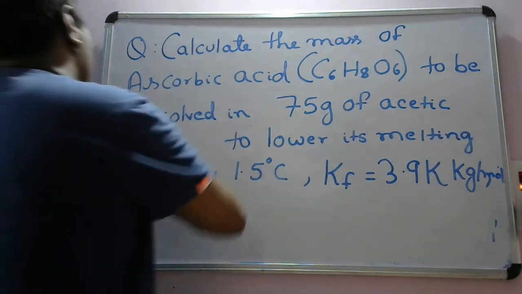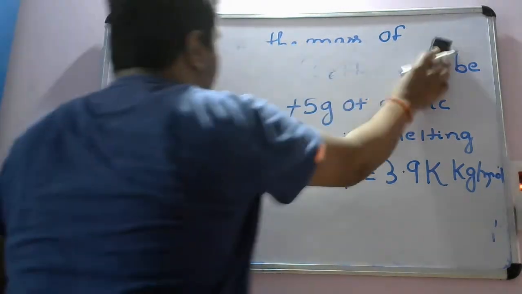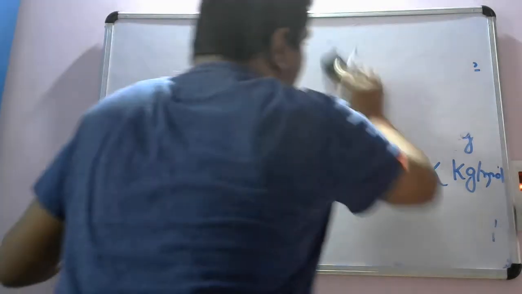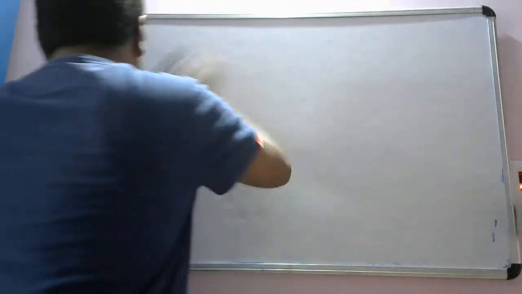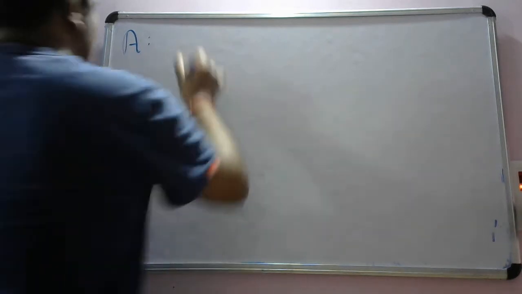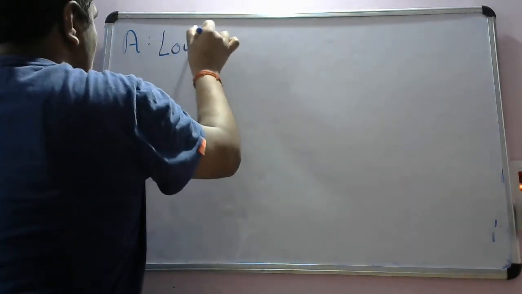Okay, now let us try to solve the same method. We will write down what is given to us and what is unknown to us, and then apply the formula. Lowering in melting point or lowering in freezing point is given to us.